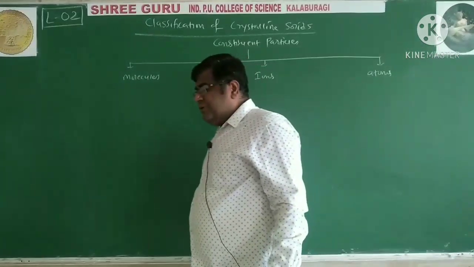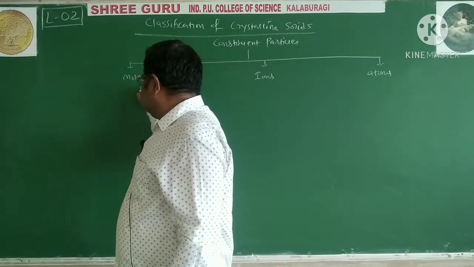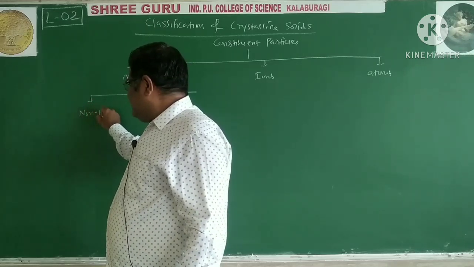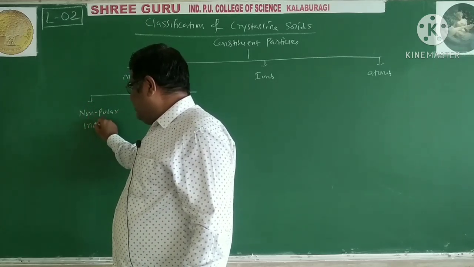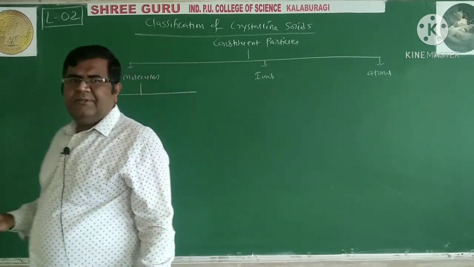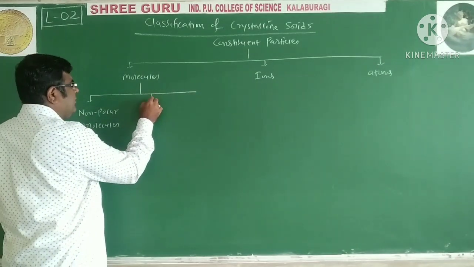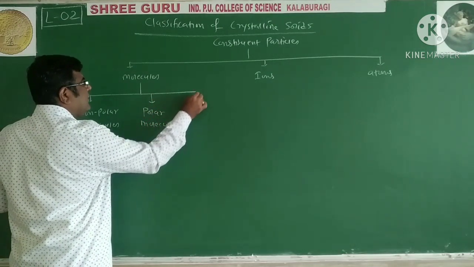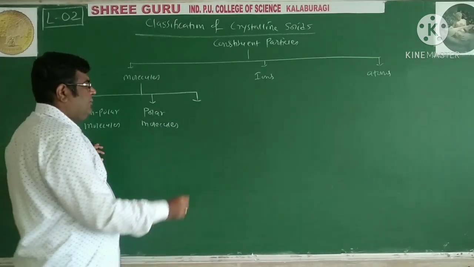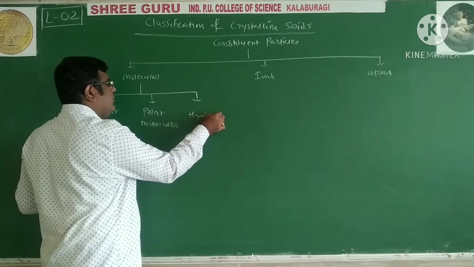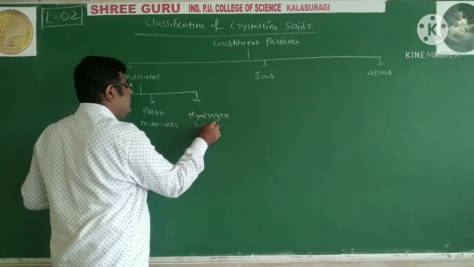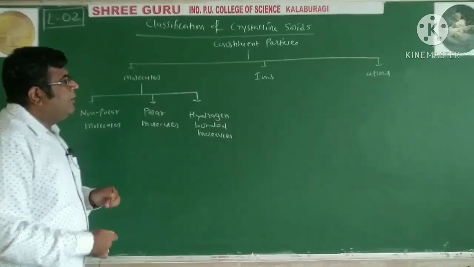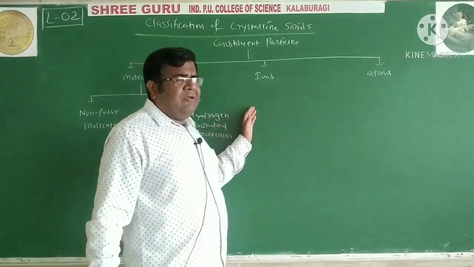When we say constituent particles are molecules, the molecules are again of three types. Some molecules we call non-polar molecules. Some molecules we call polar molecules, and there are some molecules which are hydrogen bonded molecules. Ions are only cations and anions.